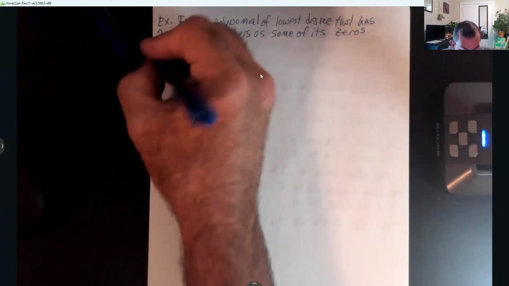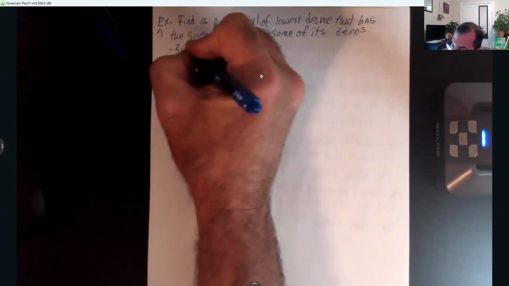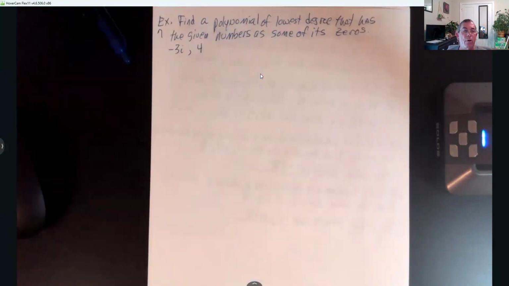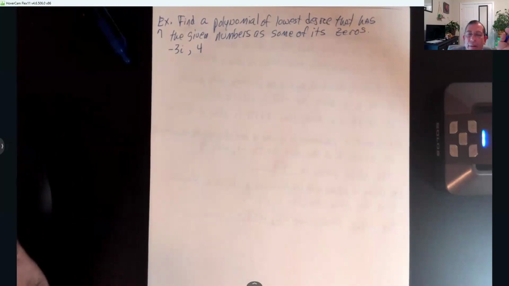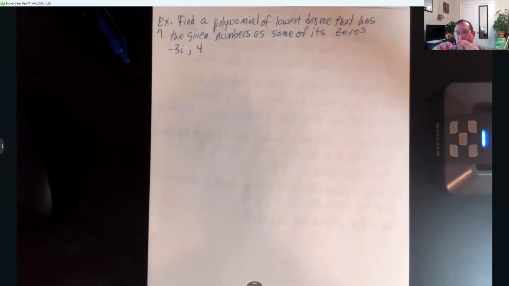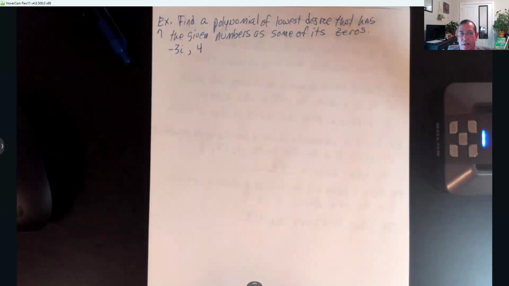All righty, y'all. So the numbers they're giving me are a negative 3i and a 4. Now we're finding a polynomial, so that means we're going to be doing some foiling and stuff.